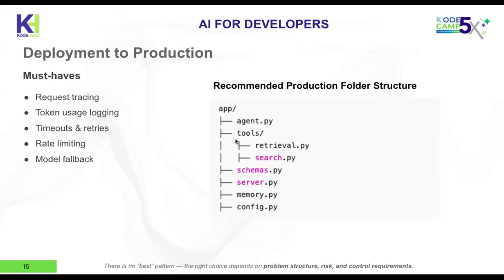So these are some of the must-haves. This is kind of a recommendation. It's not cast in stone. There are other ways you could organize your backend, right? But typically, you would have your main entry point. Like me, I would have a main.py.